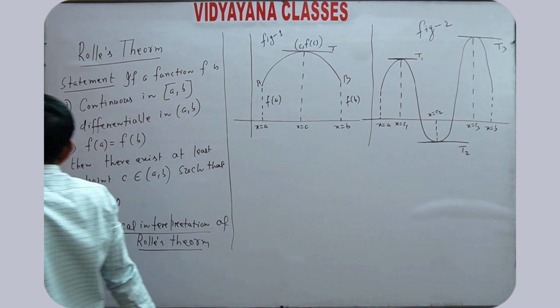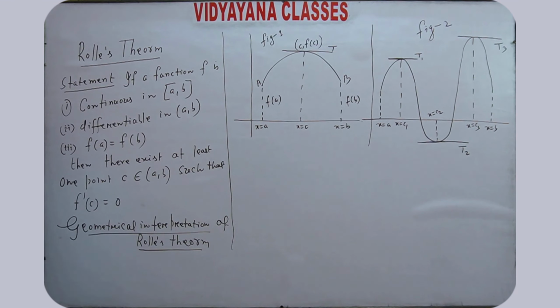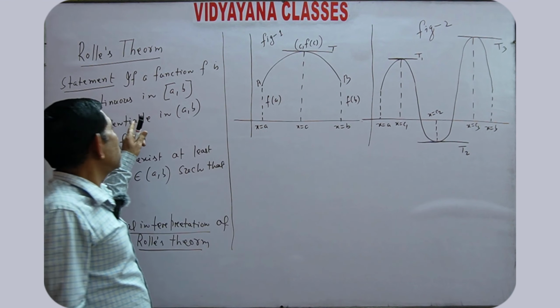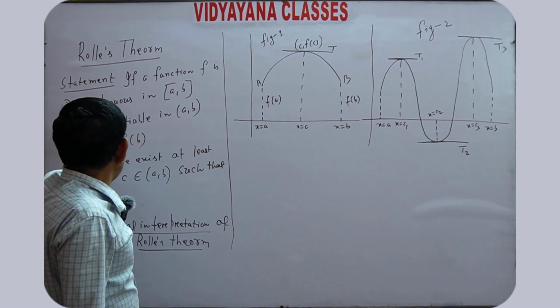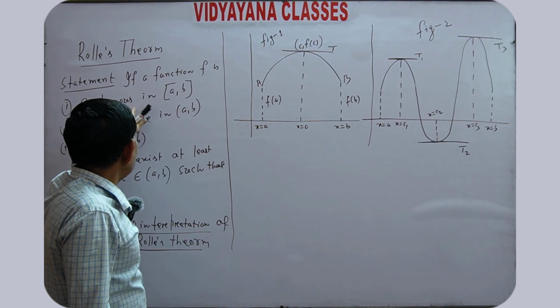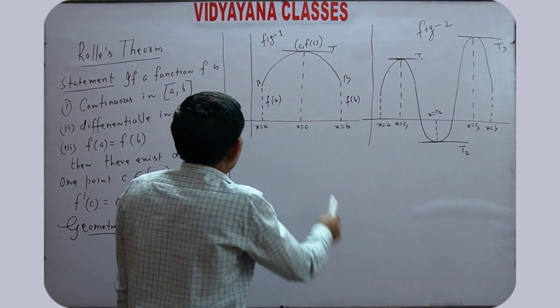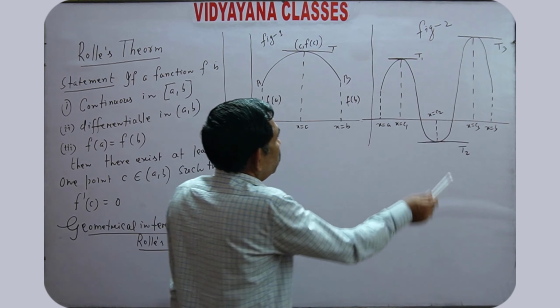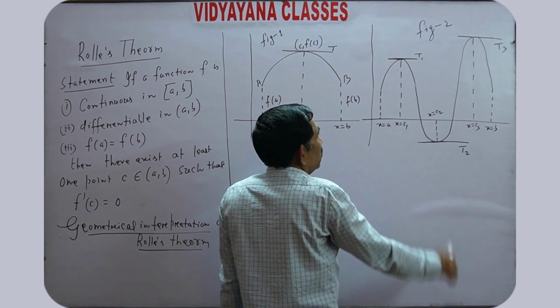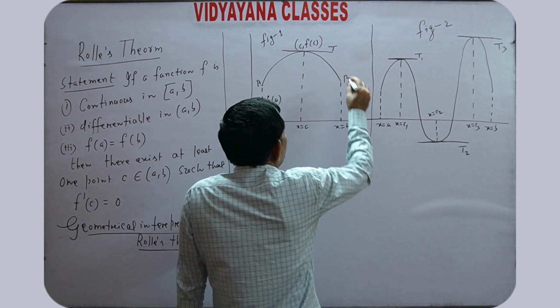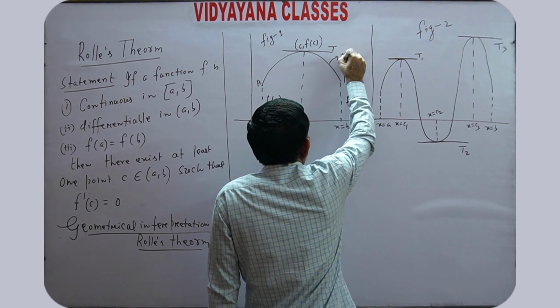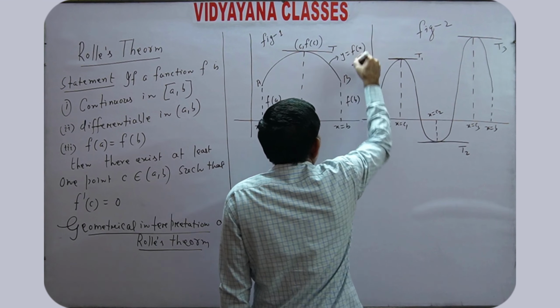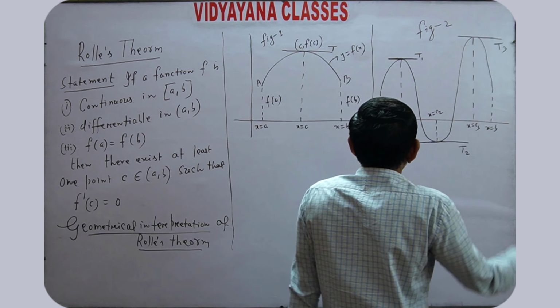According to the statement, the first condition is the function is continuous in closed bracket AB. Here the function is continuous in closed bracket AB. In figure 2, y is equal to f(x) is continuous in closed bracket AB.